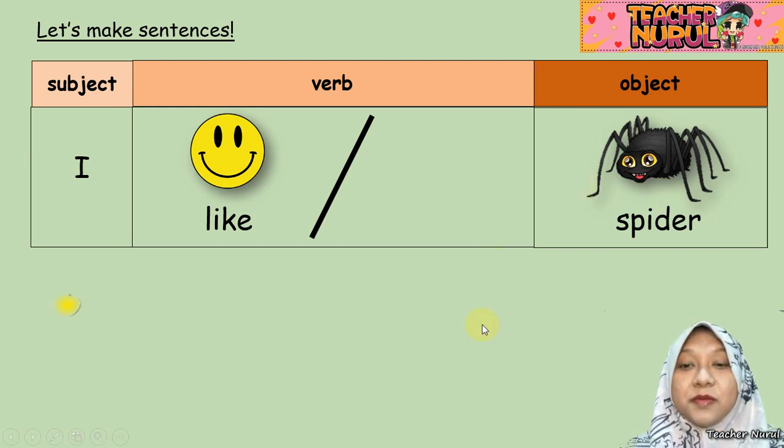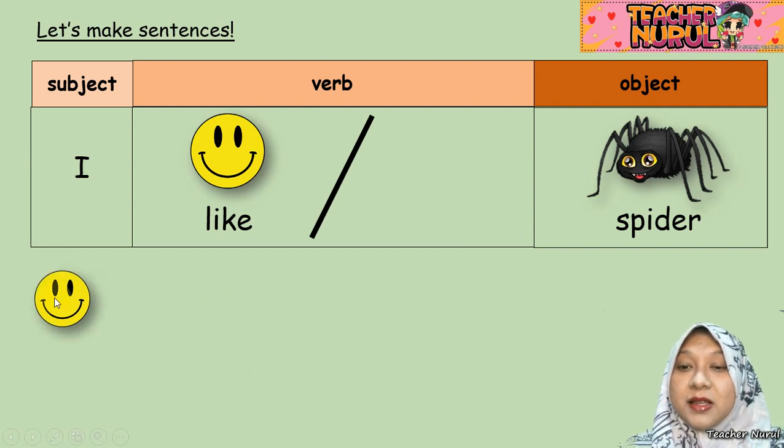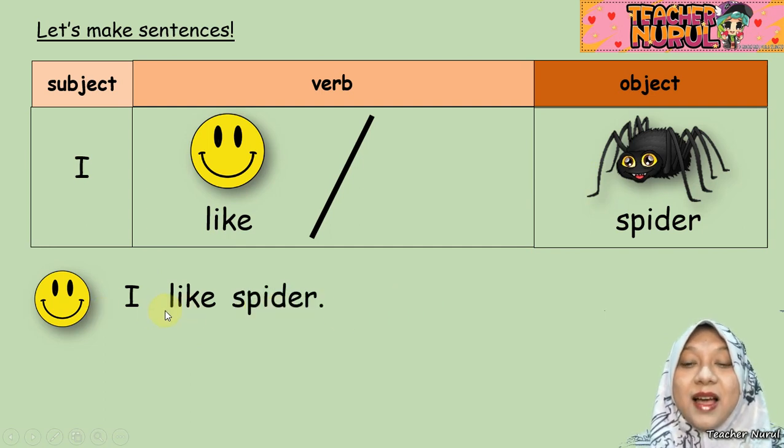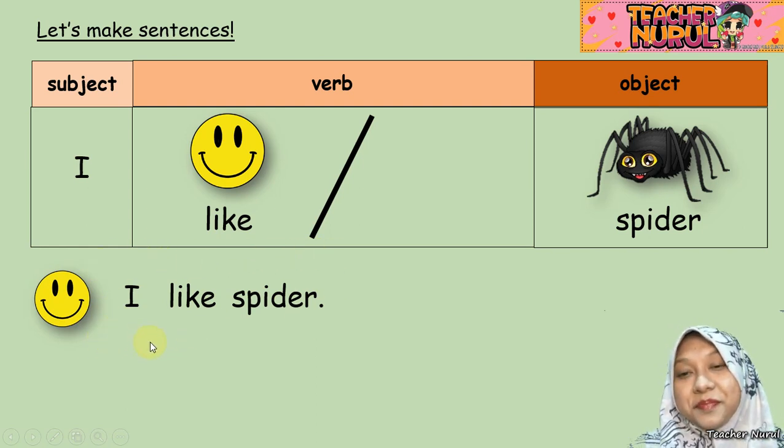This one shows that you like it, so we write down I, and then we write down like. The animal is spider. I like spider. Now we have one simple sentence here.